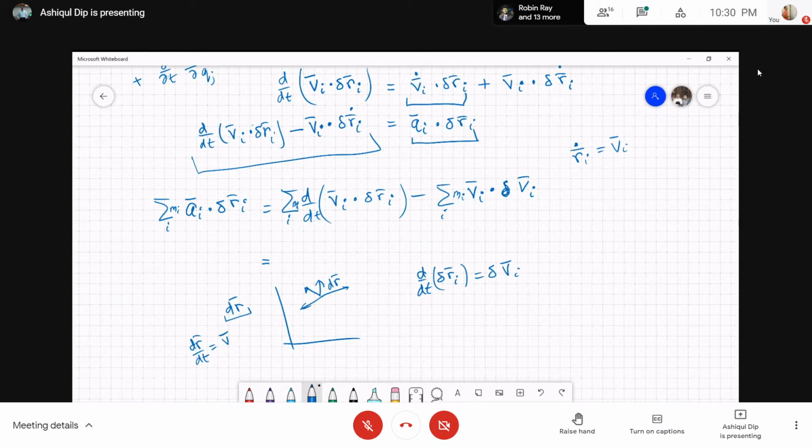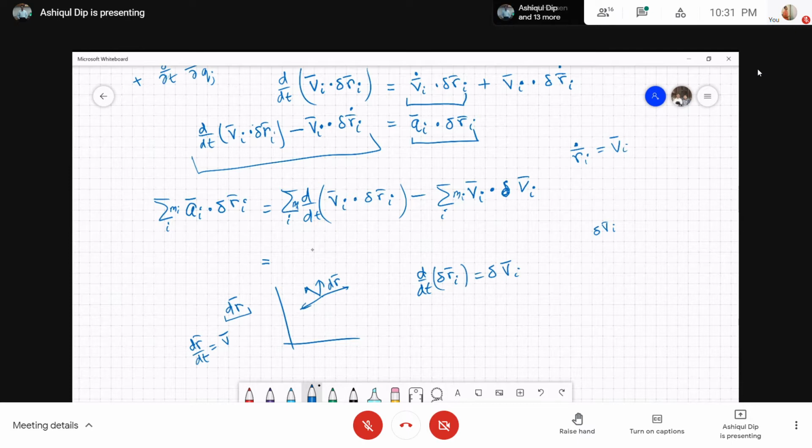Okay. So in that sense, do delta v_i and a_i have the same direction? Delta v_i is the variation in velocity, and acceleration is the rate of change of velocity.